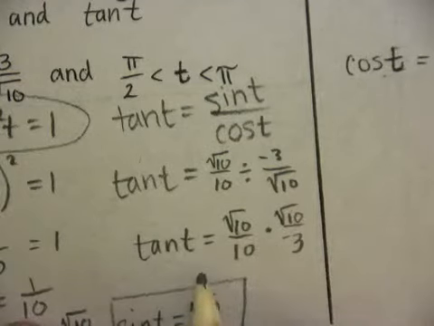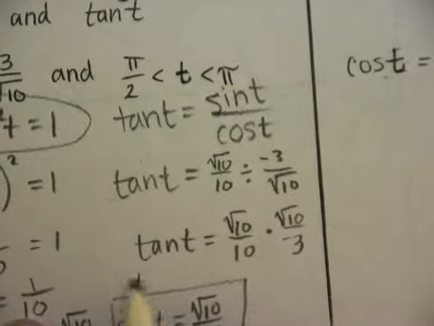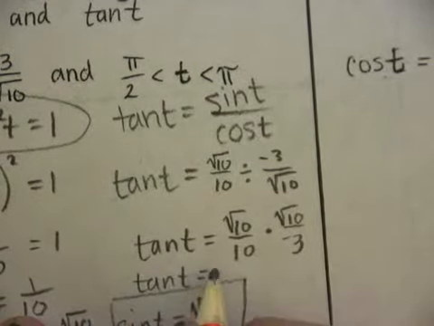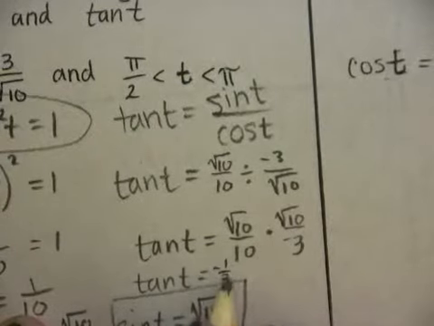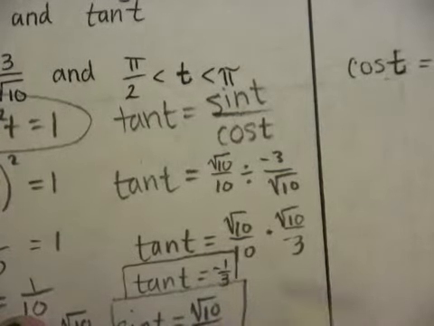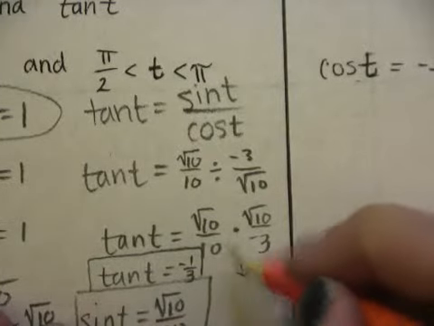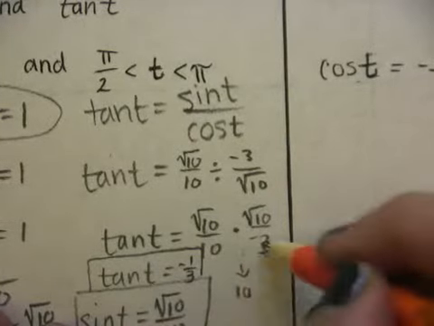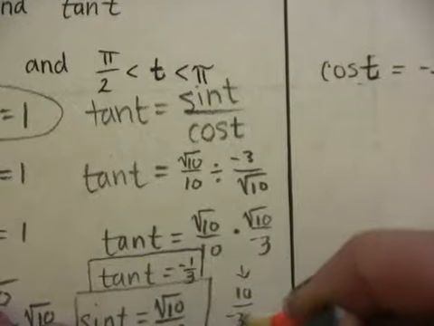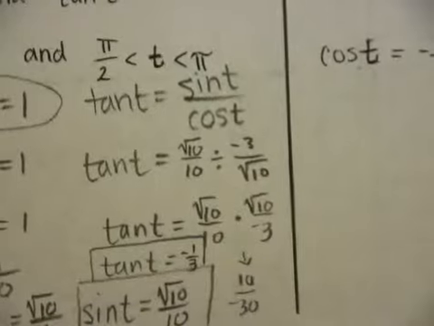So 10 over negative 30 is 1/3. So tangent of t equals negative 1/3. Again, sorry, I didn't write out all my work, but square root of 10 times square root of 10 was 10. 10 times negative 3 is negative 30. So this reduces to 1/3. Doesn't matter if the negative's on top or bottom.